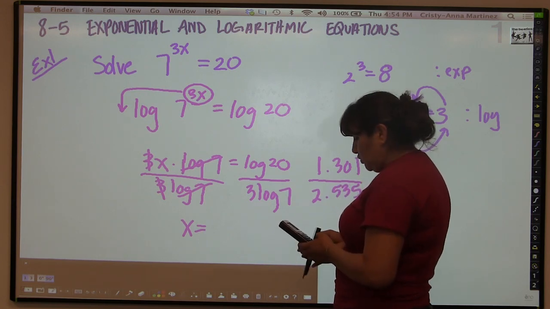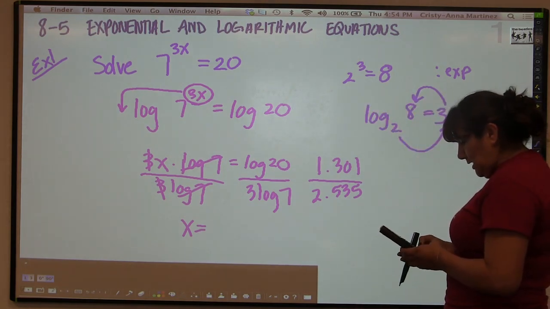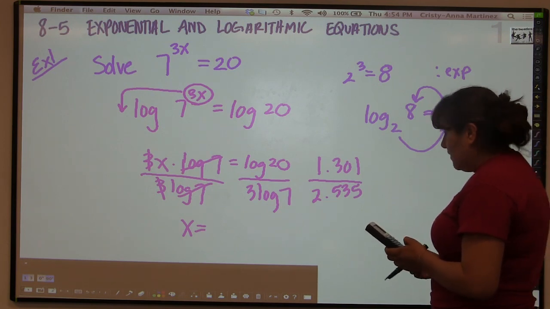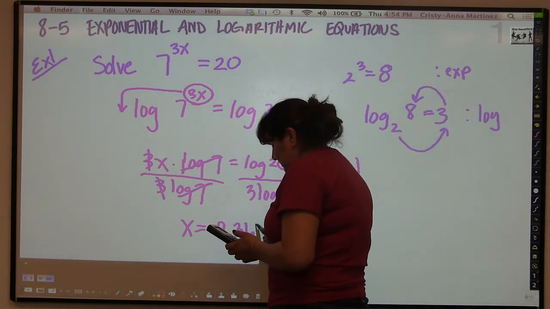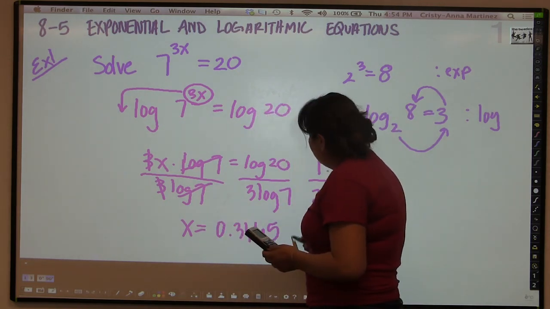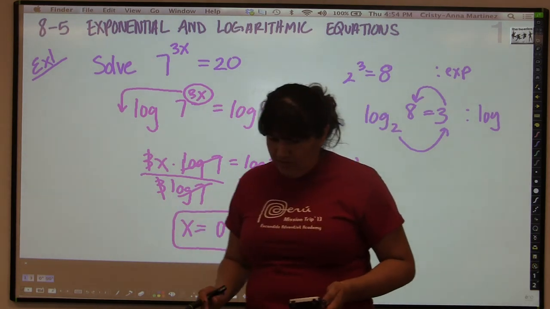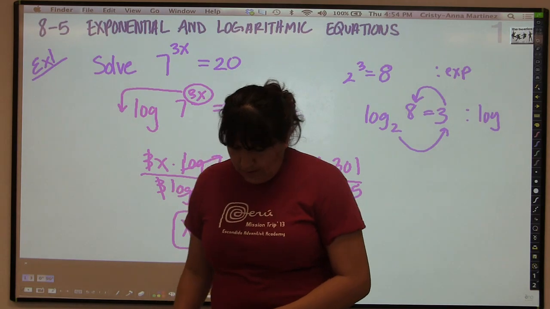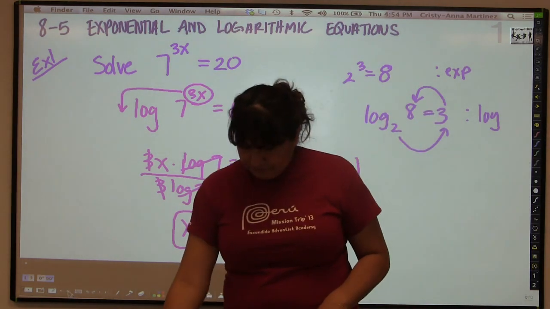And if I divide those two results, then I'm going to get 0.3665. And that is your solution to this equation. All right? So there we go.